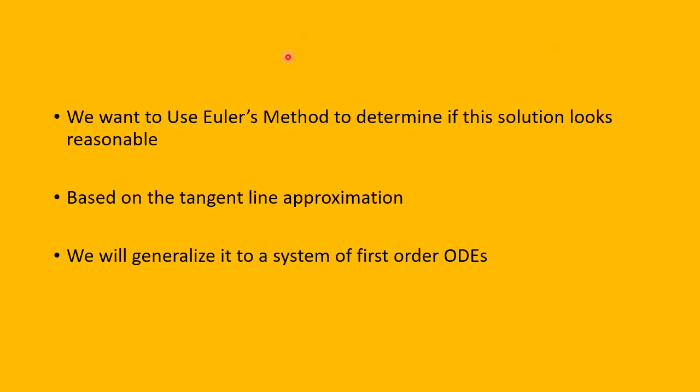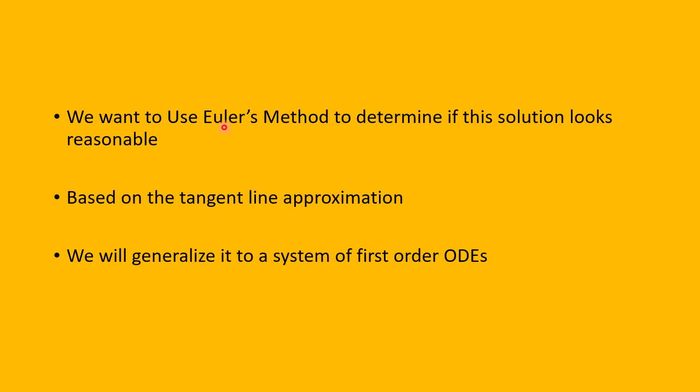Is the solution that we got reasonable? Is it fairly accurate? We would like to know the answers to those questions. So what we want to do now is use Euler's method to determine if this proposed solution we got looks reasonable for the initial value problem we were considering.